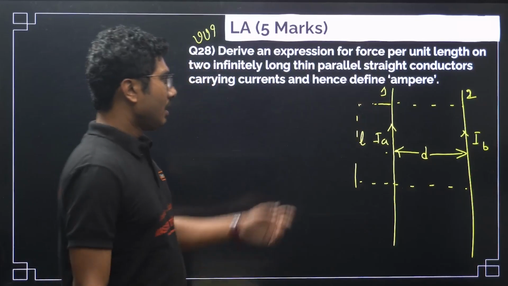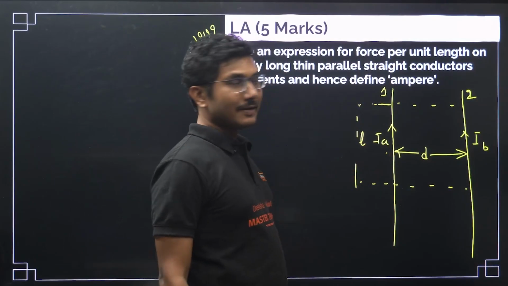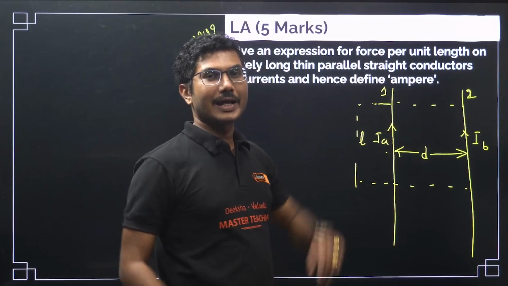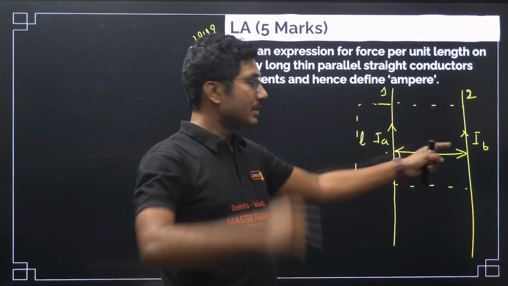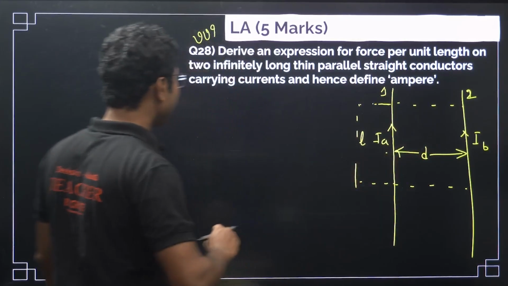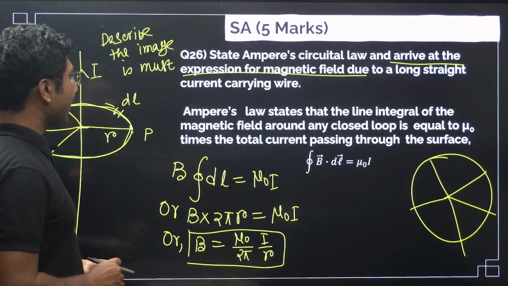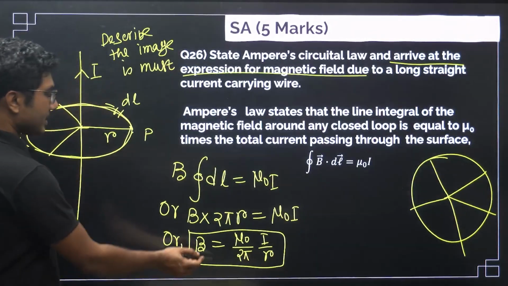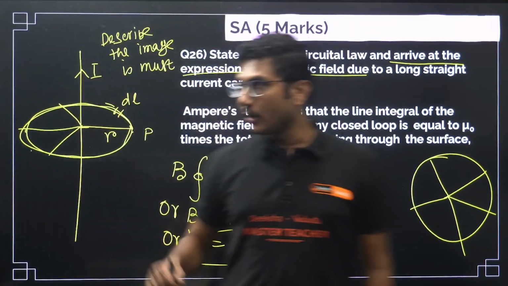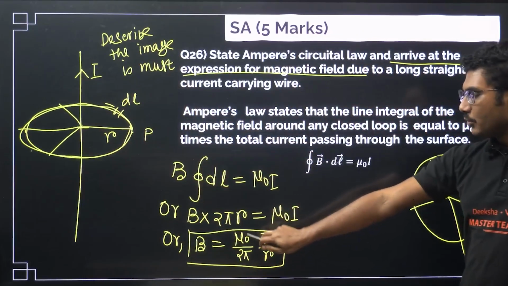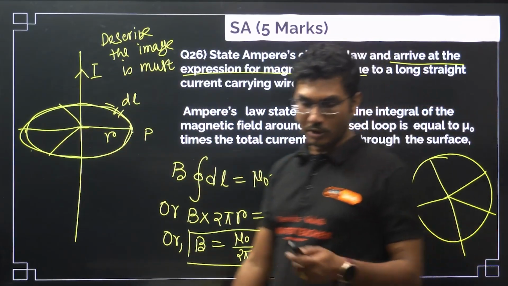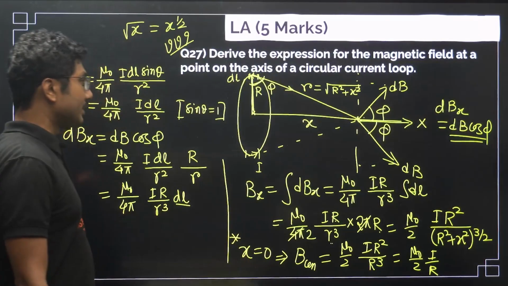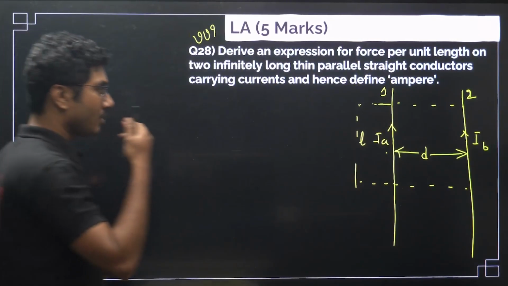Now, let us understand the magnetic field due to an infinitely long current carrying wire at a distance D. If you have seen my derivation a few moments back, I did that derivation. The magnetic field is mu naught by 2 pi I by r. This is the starting point.